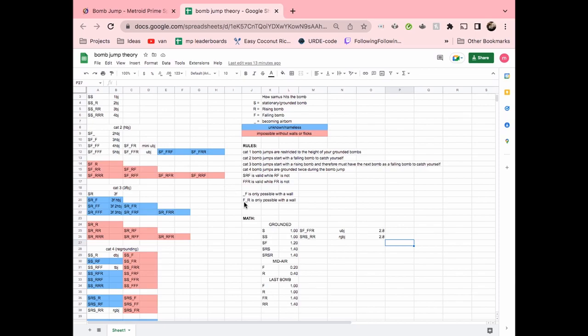Why is that not possible? If we go over here, we can see that F_R is only possible with a wall. What does that look like? Well, you would have to be laying a falling bomb and then a rising bomb while you're airborne. But how do you hit a rising bomb after a falling bomb?